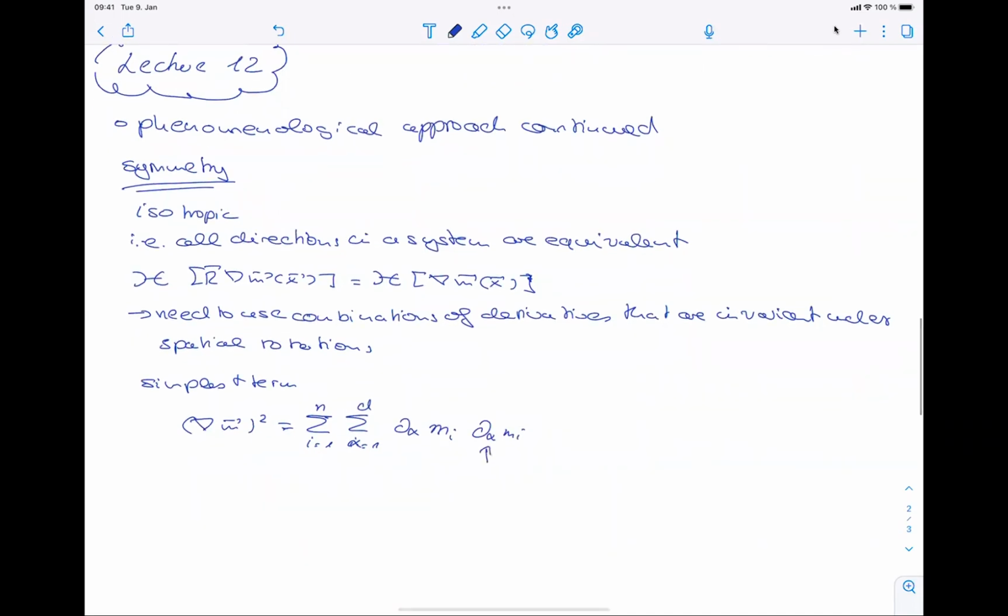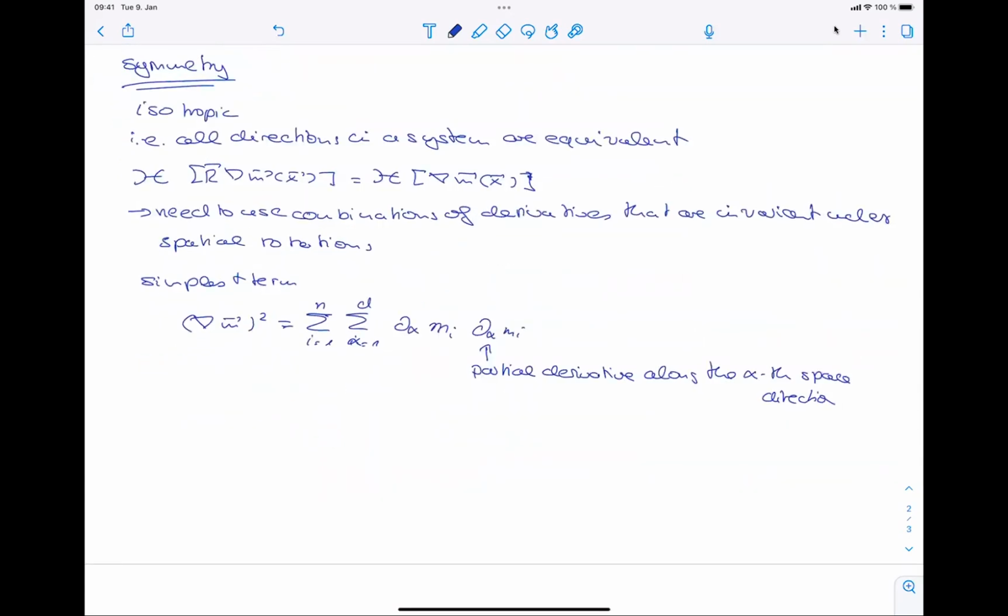And here, just to familiarize you with this notation, what this means is a partial derivative along the alpha space direction. So that would be the simplest term.